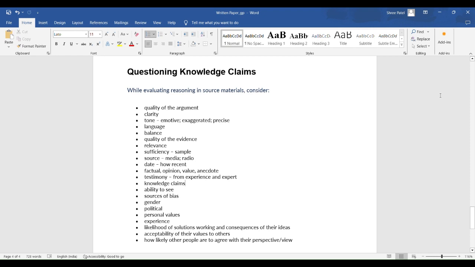Next question will be upon questioning knowledge claim. This would be 3C, where you need to say which person is more convincing. So while evaluating reasoning in the source material, you need to consider all of this while writing the answer.